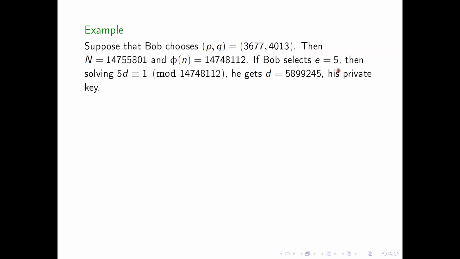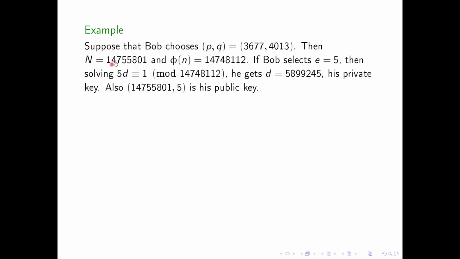So Bob picks an e, and all he then has to find is what is e mod inverse of phi of n. So notice this phi of n becomes right here. And again, the way you solve this is the extended Euclidean algorithm. Run through the extended Euclidean algorithm, we get this. And that is his private key that he's going to keep secret, because that's how he's going to decrypt everything that comes to him.